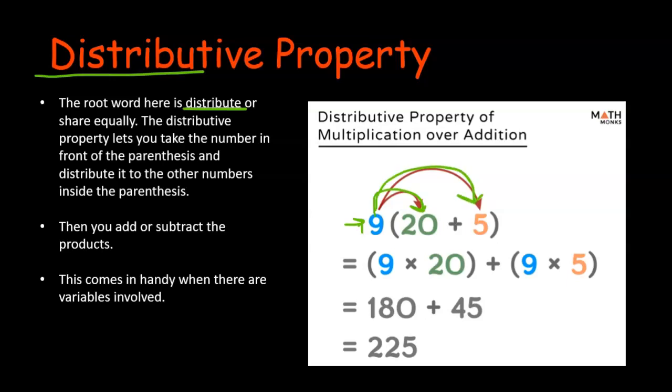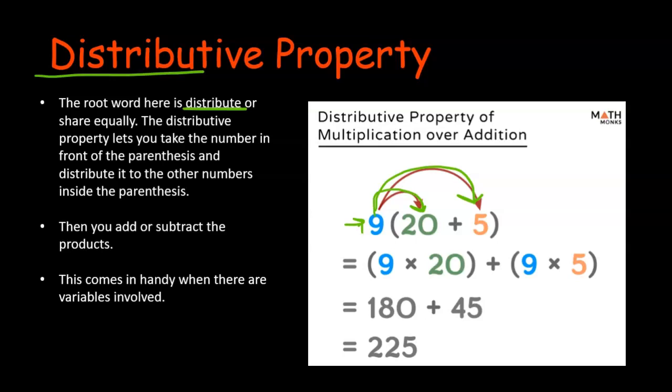Okay, so that means multiplication. Remember, there's several ways we can multiply or show multiplication. One of the ways when we use distributive property, if you see that there is a 9 or a constant right up against the parentheses, you know that you need to share that number with all the numbers inside the house.